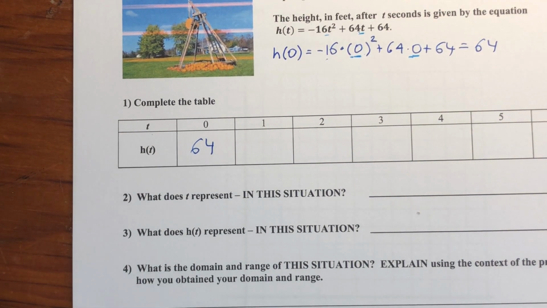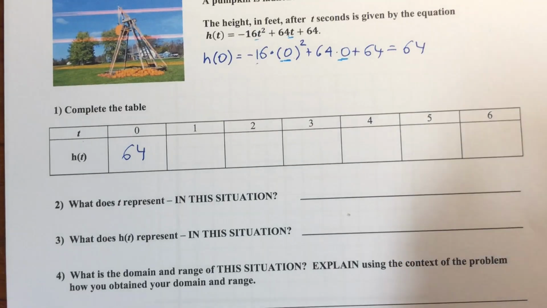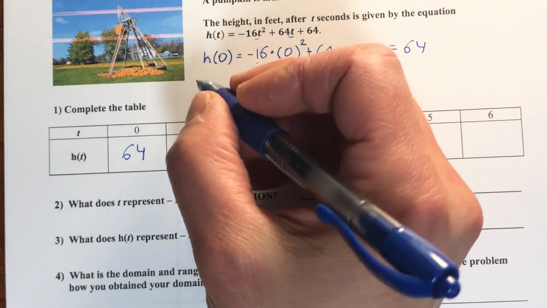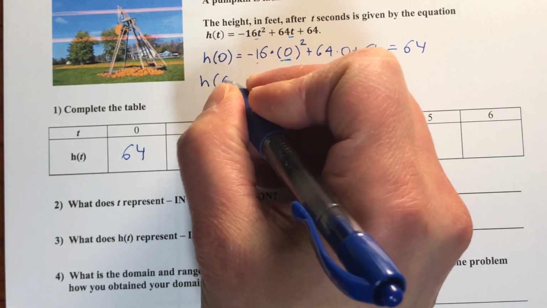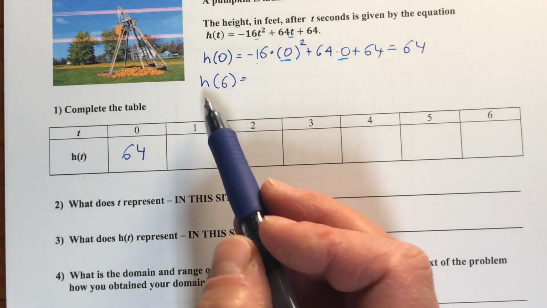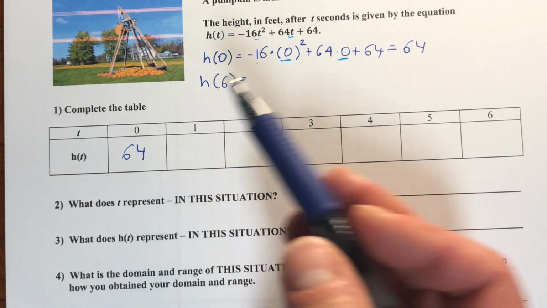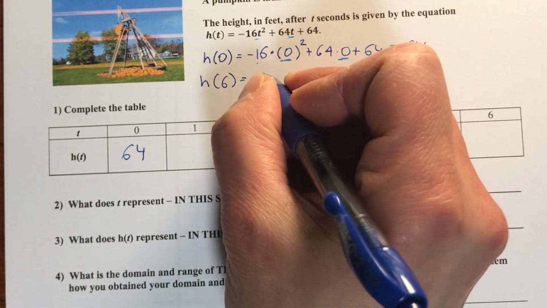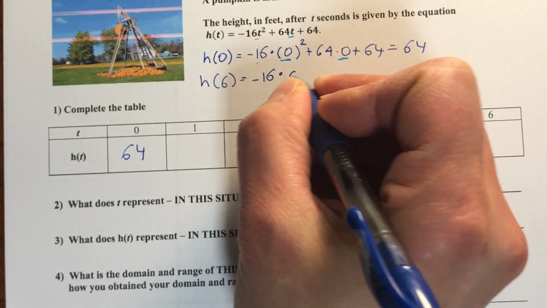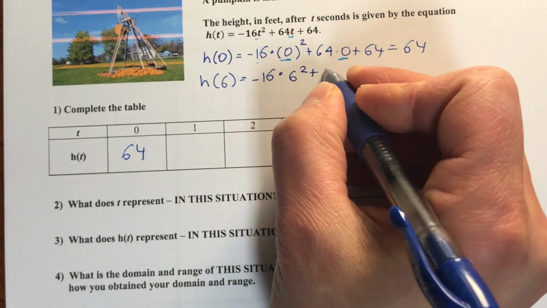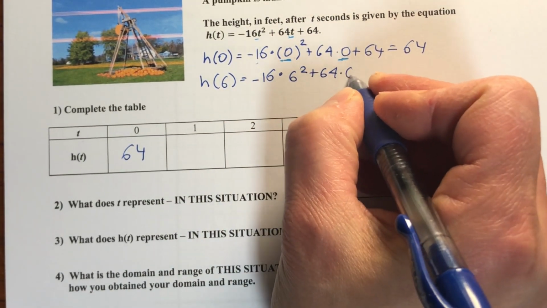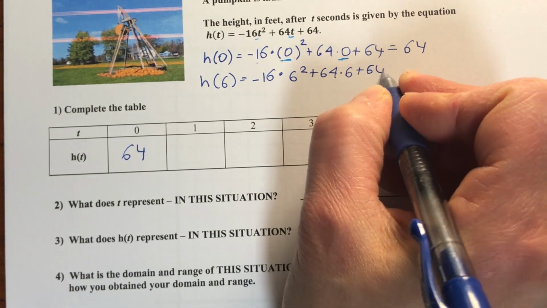Let's see, I will do one more. Well, now I'm going to choose the most difficult one. I am going to check what happens at 6. So h of 6 is equal to, and that means that 6 seconds after, and I'm looking for the height, negative 16 times 6 squared plus 64 times 6 plus 64.